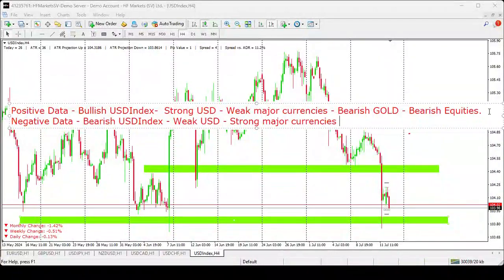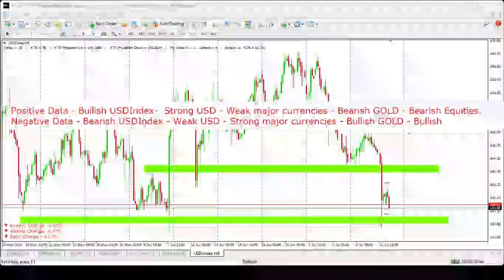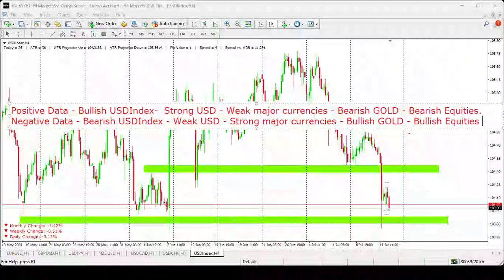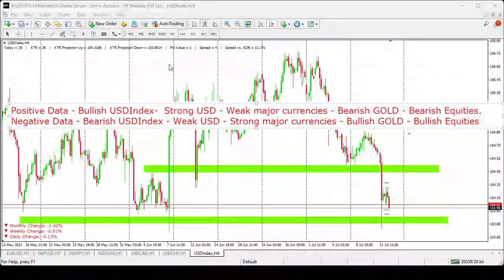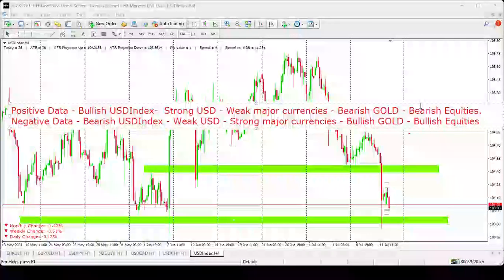That would offer bullish gold at that particular point in time. That should also offer some bullish movement on equities. Bullish gold, bullish equities on negative data.